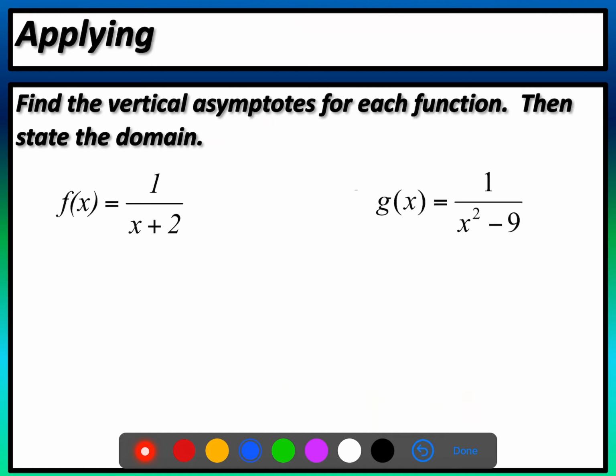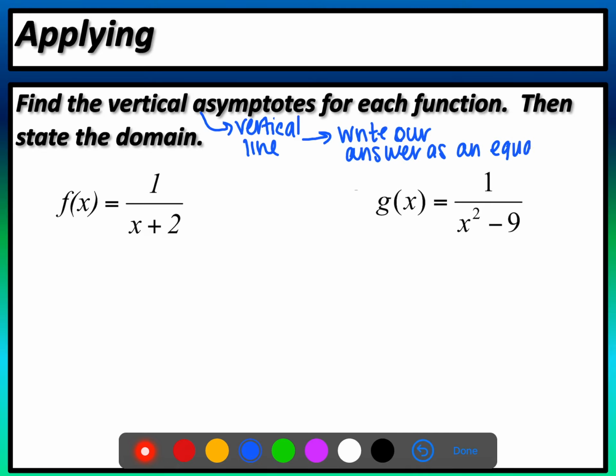Important to know, a vertical asymptote is a vertical line, so we want to make sure that we write our answer as an equation. The equation for vertical lines is x equals a number.